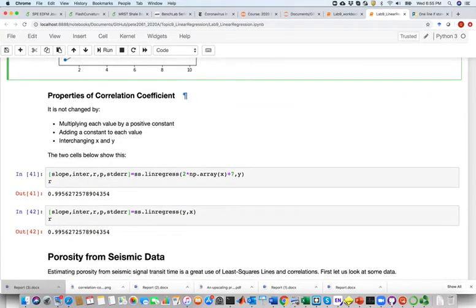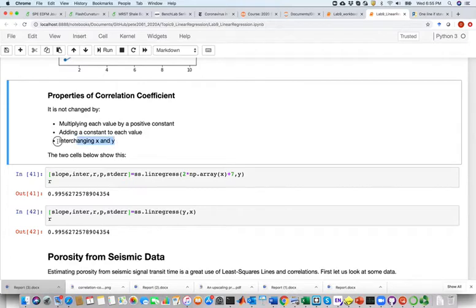We talked about this in the class video part 2, that the correlation coefficient doesn't change if you multiply each value by a constant positive value. It doesn't change if you add a constant value to everything in the columns. If you interchange x with y, it doesn't change, and we're demonstrating that here. We're actually going to do these two together.